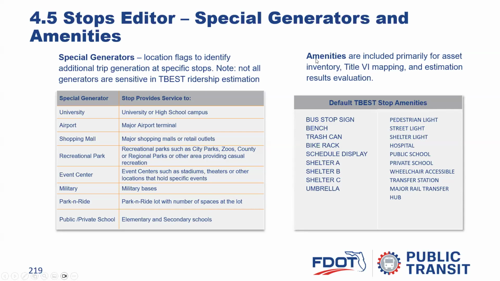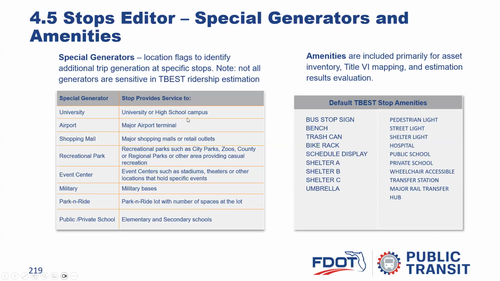Amenities definitions are included primarily for asset inventory, Title VI mapping, and estimation results evaluation, whereas special generators are location flags to identify additional trip generation at specific stops, and not all generators are sensitive in the TBEST ridership estimation model. So only some of these will be sensitive.